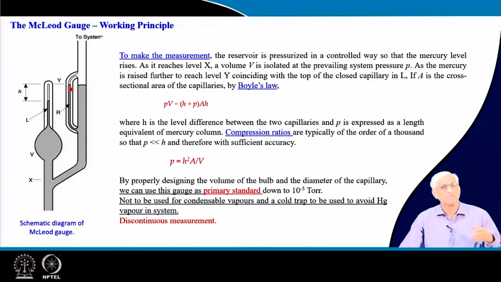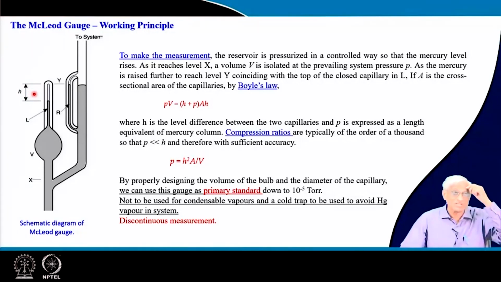Whether it is 0.01 or 0.001, even though it is changing, the level will not change much because the higher pressure is on this side. So, P plus H is going to be more or less the same, and this P is the signature of the original thing which was at 10 power minus 2 torr; the same number of moles are being compressed.